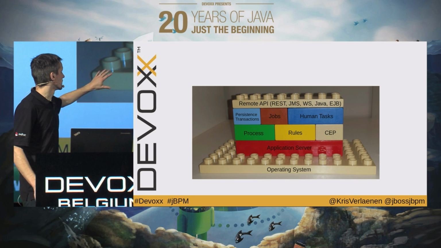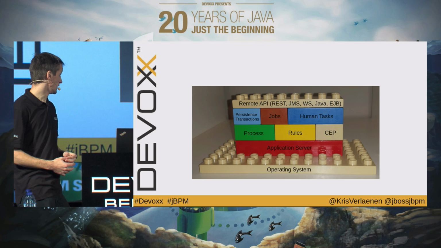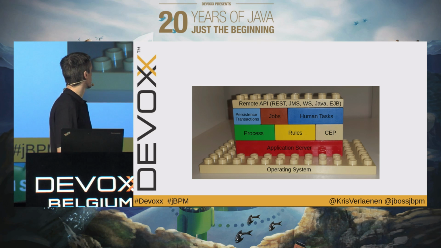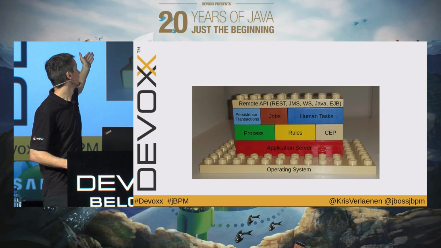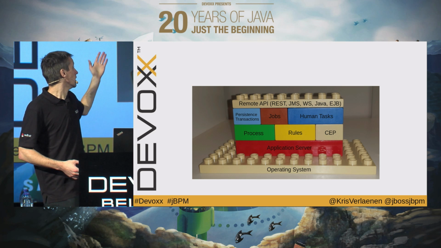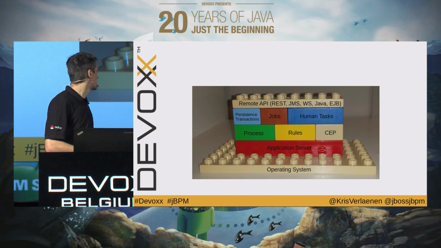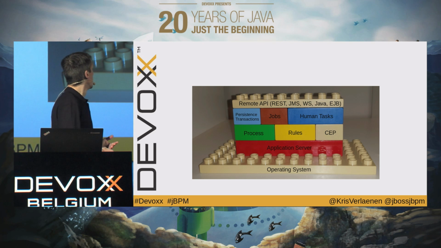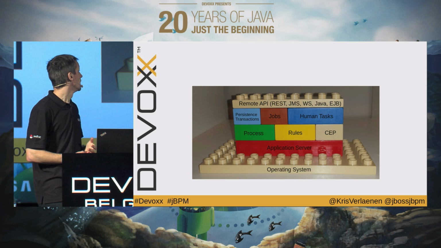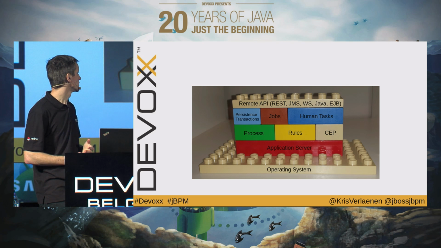So these are almost like the minimal set of building blocks that you need to be able to execute simple and fairly complex processes. And you can expose that through a remote API. So nowadays, in our project, we have just a simple REST API, but also a JMS API, which is very useful if you're looking for transactions.